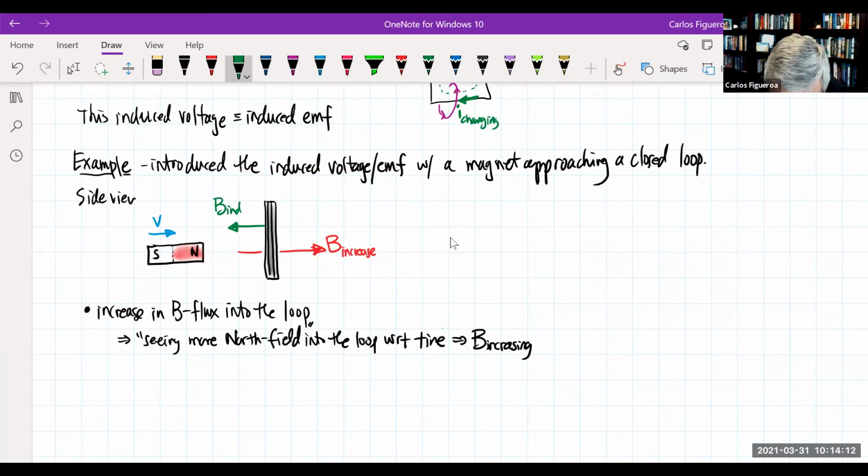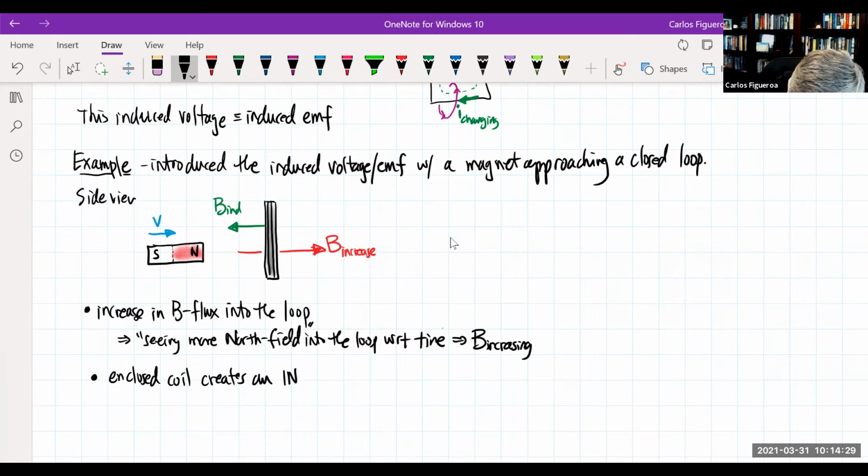So the question is, what creates a magnetic field? So then we say that the enclosed coil creates an induced magnetic field that opposes the change.